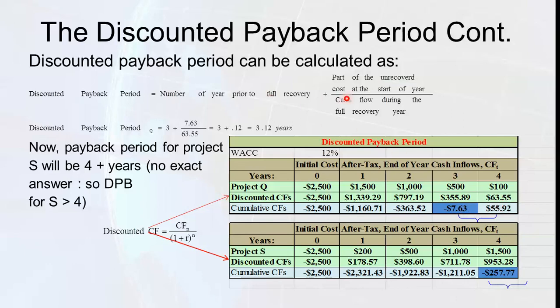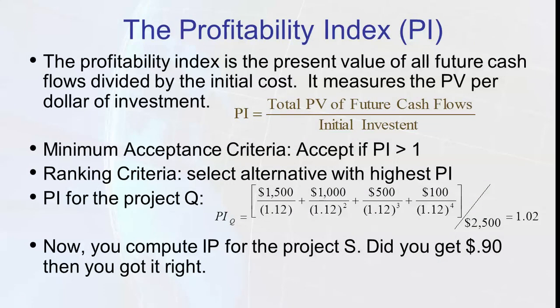So we have 3 plus 7.63 divided by the discounted cash flow for the next year, 63.55, which gives us 3.12 years for project Q. So definitely the discounted payback period is better than the regular payback period, since it uses the time value of money. And for project B, it's going to take more than 4 years; we don't have the information for year 5, so it's 4+ years.